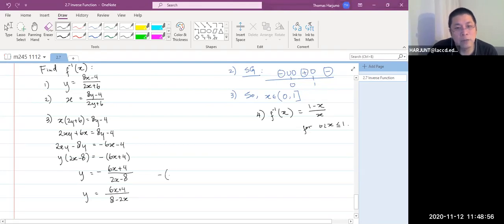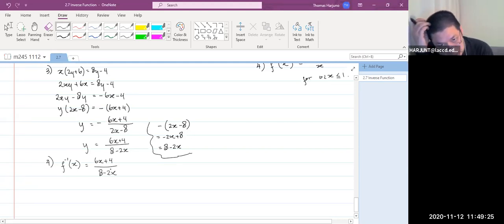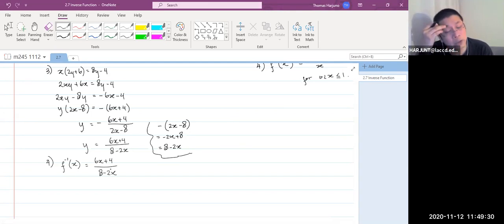Because negative of (2x minus 8) is the same as negative 2x plus 8, which is the same as 8 minus 2x. Now my step 4, my final step, the inverse function of x is (6x plus 4) over (8 minus 2x). Okay, so I'm actually done with that question.